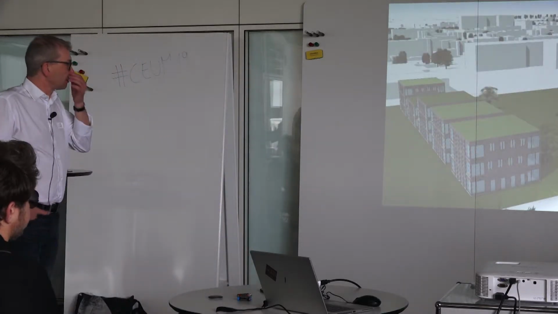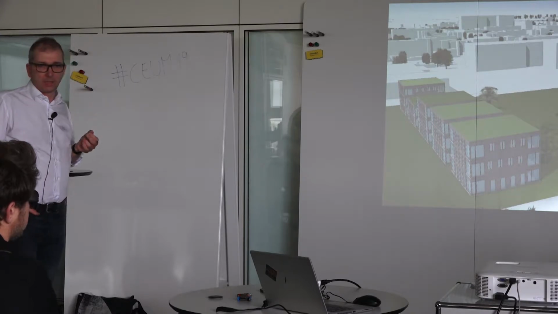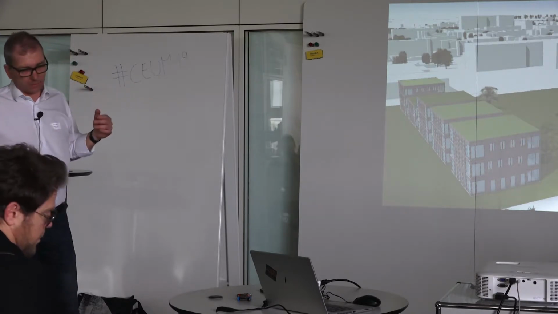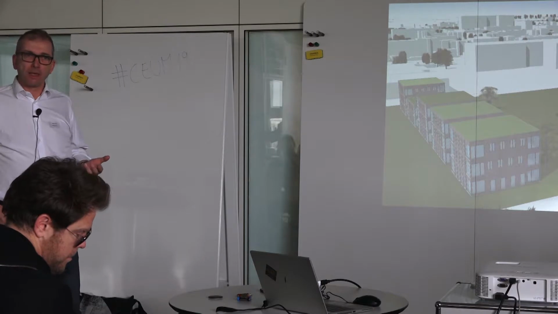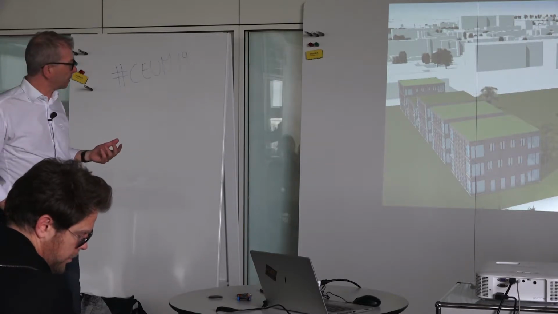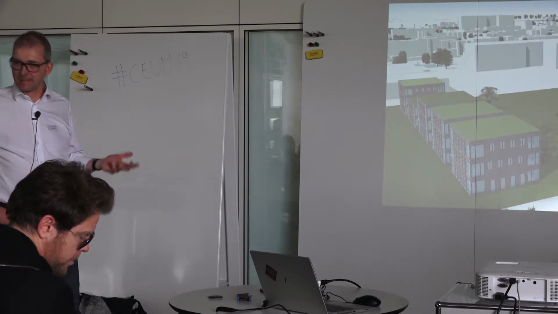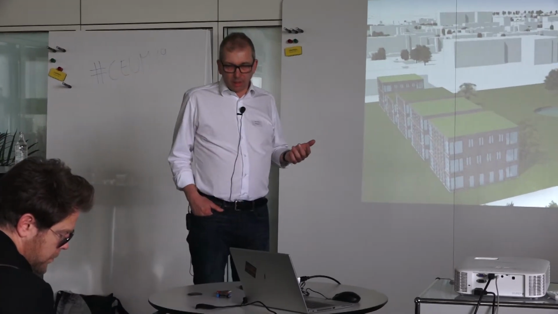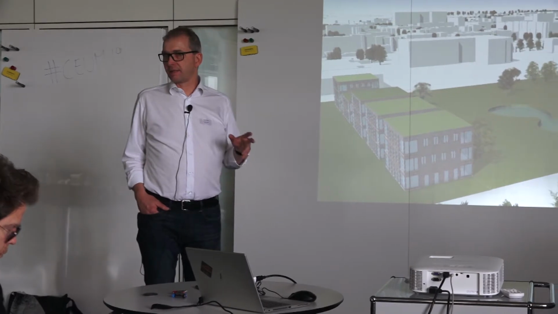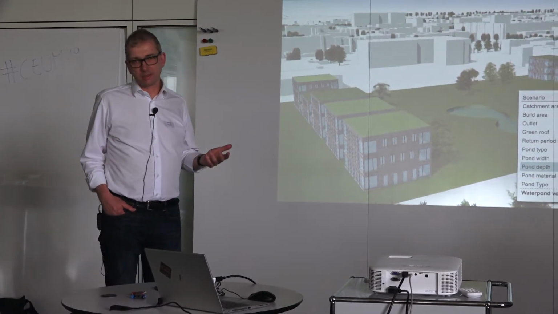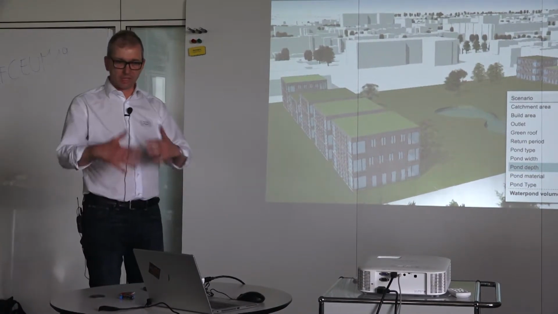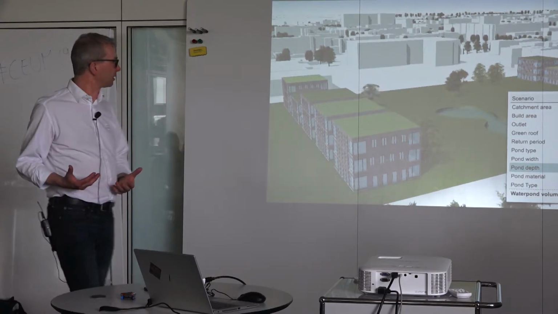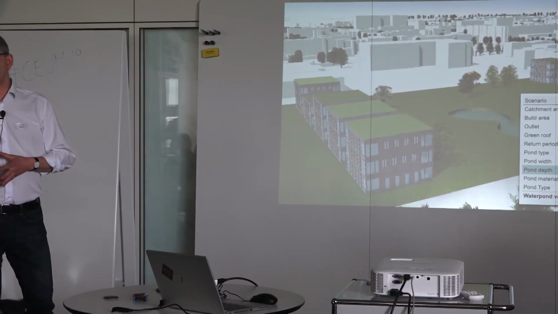In parallel, we also tried to do some similar work on stormwater management. This is a big topic in Denmark these days, that whenever you do a site design, you need to figure out where all the excess water from heavy rains will go, whether you do retention ponds or detention ponds, or how you actually deal with this.